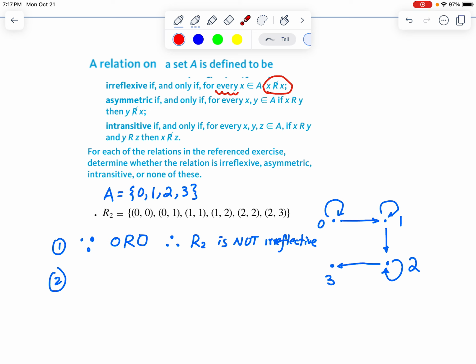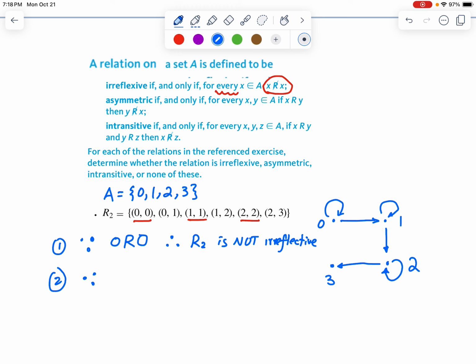Now, you can use the special case that we just used. For every x and y in A, I'm going to pick the elements 0 and 0 in this case, they're both in A, right?